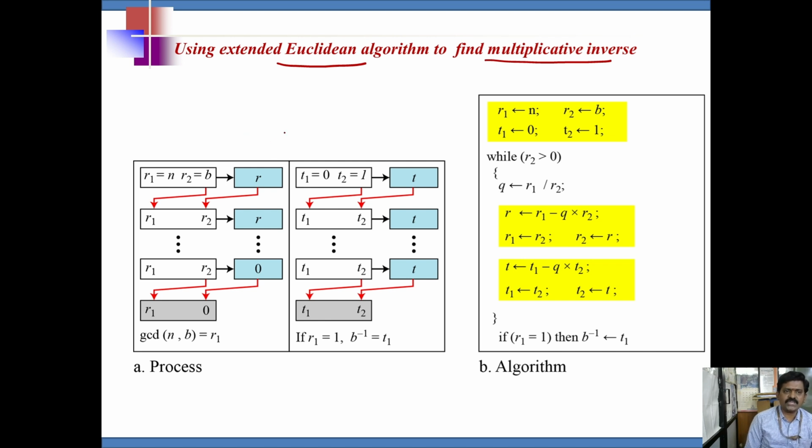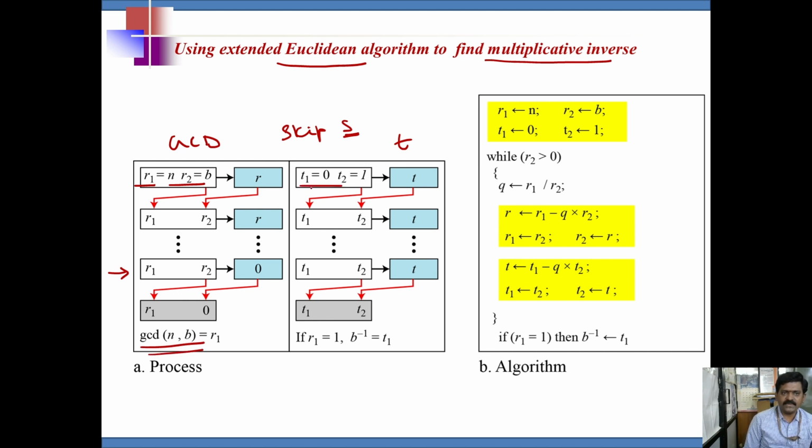We are going to skip the S process, finding that S variable, and the GCD part and the T part remain. In the GCD part, we assign the R variable, update the R variable and proceed to find the GCD.